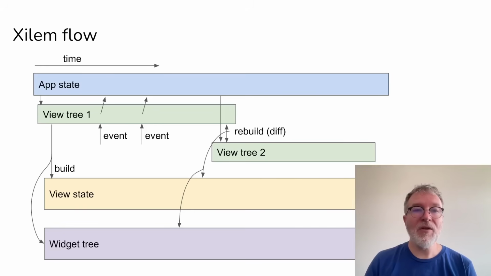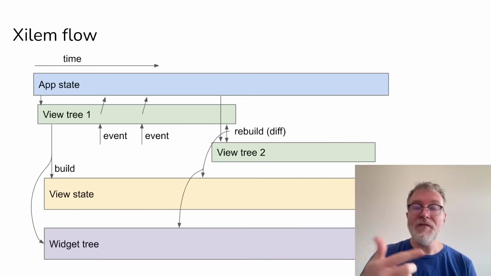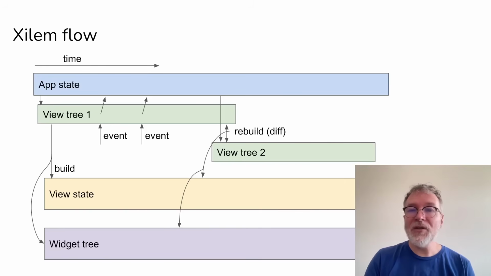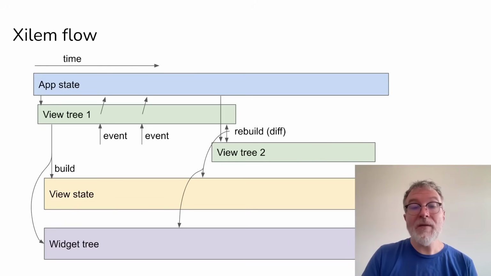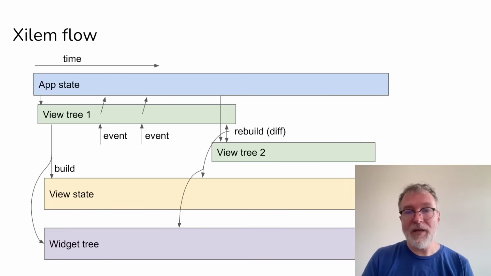And then you're going to get events, and events are going to go into the view tree. So this would be mouse clicks or things like that. When you call that method on the view tree, you're going to give it mutable access to the app state, so it's going to be able to update the app state.